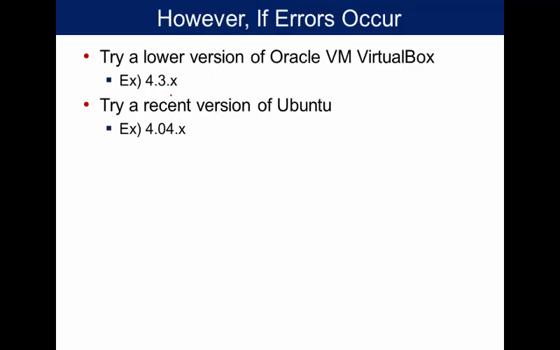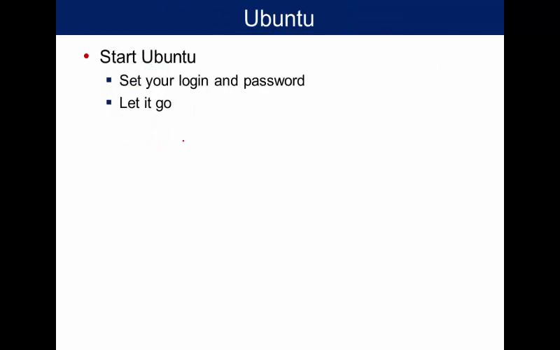For example, 4.3 or whatever, right? But this can also serve the recent version of Ubuntu. That'll be fine. This is my test. This is my VirtualBox settings right now. So this is okay if you have that. And after that, you can start Ubuntu. Okay.